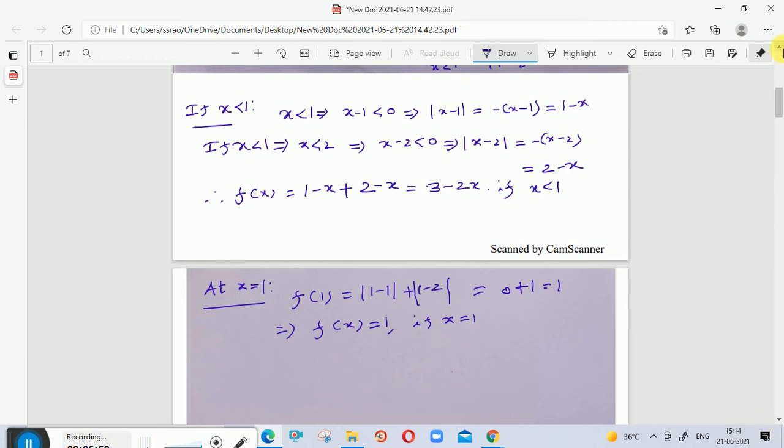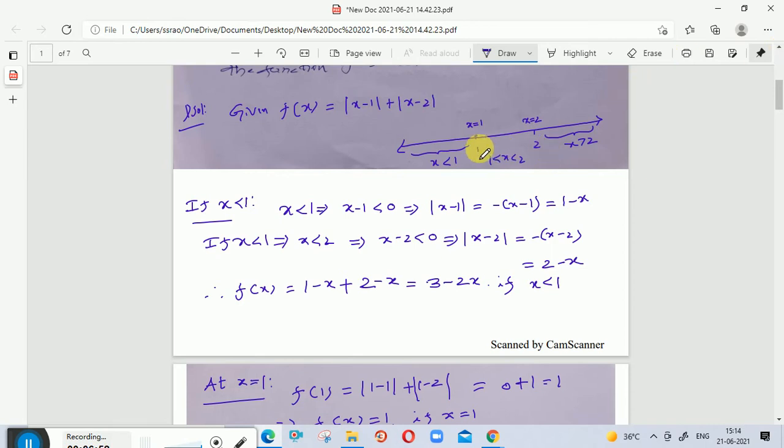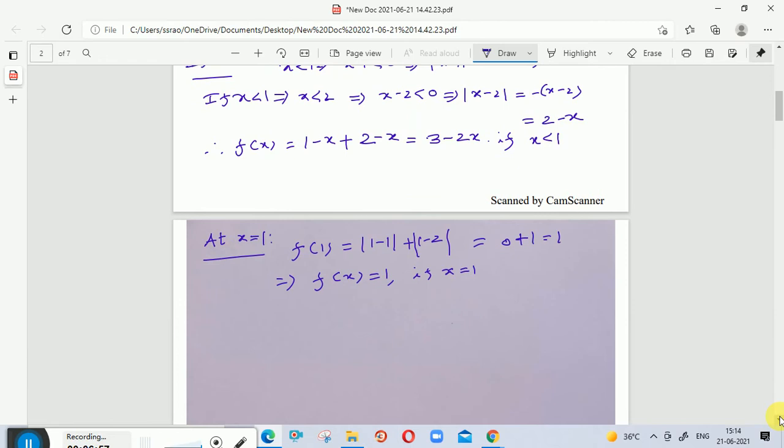Now if x lies between 1 and 2, if 1 is less than x is less than 2, here take 1 is less than x, that implies x is greater than 1.